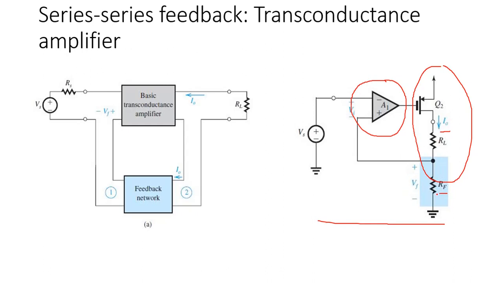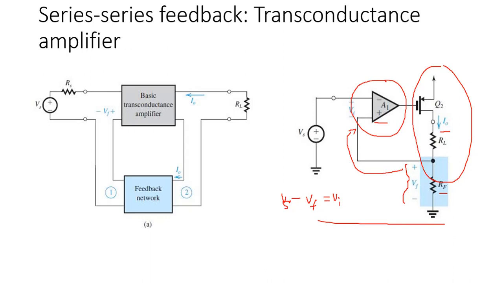The voltage Vf across feedback resistance RF is fed to the negative terminal of the differential amplifier. So this feedback voltage Vf is subtracted from the source voltage Vs to get the input voltage Vi. This voltage is fed to the differential amplifier.